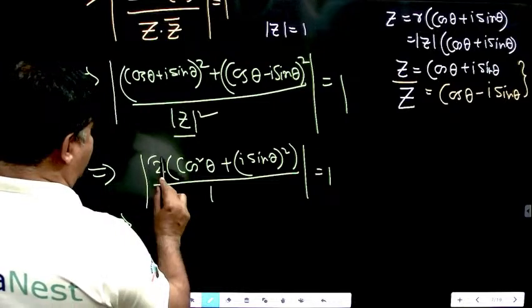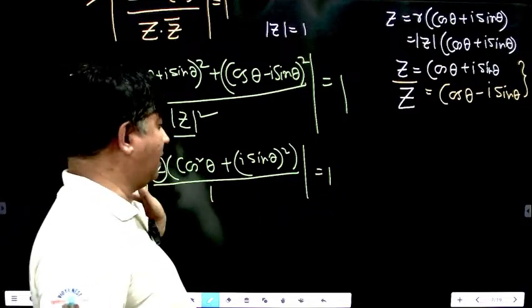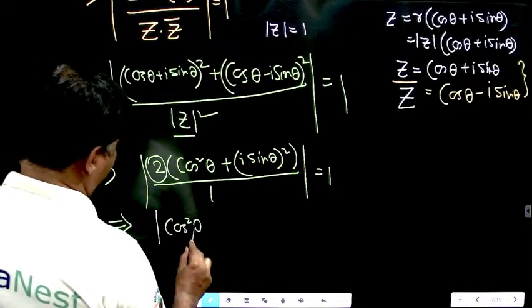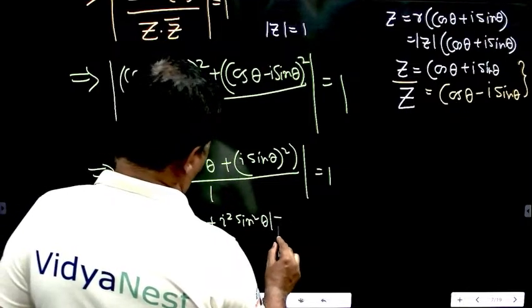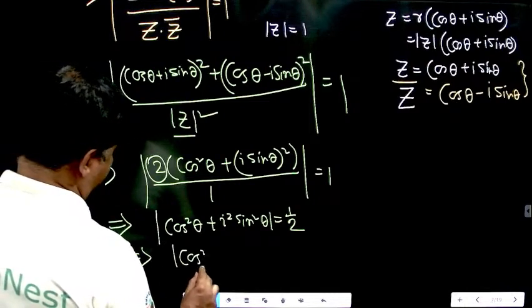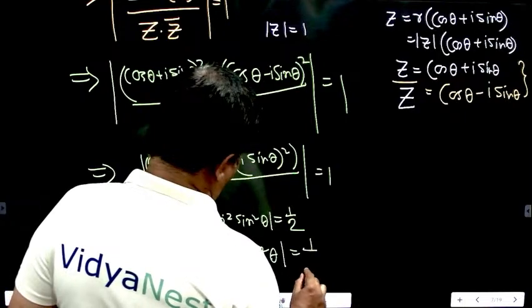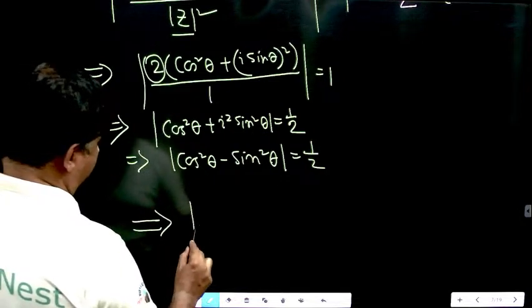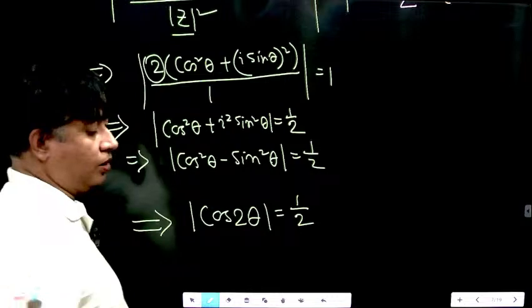Now, where these two will go, I can take 2 out, and that can be kept with this one. Mod cos 2 theta is equal to 1.